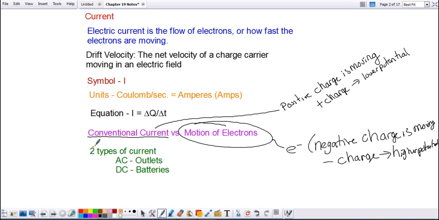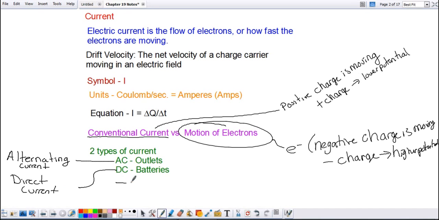The last thing we want to look at here are the two types of current. AC, well, AC stands for alternating current. And DC stands for direct current. DC is what we have in batteries, okay? Why?